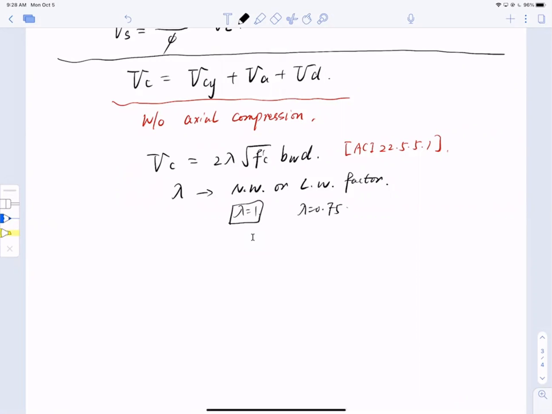F'c is the concrete compressive strength. And bw is the width of the web. All right, be careful here.